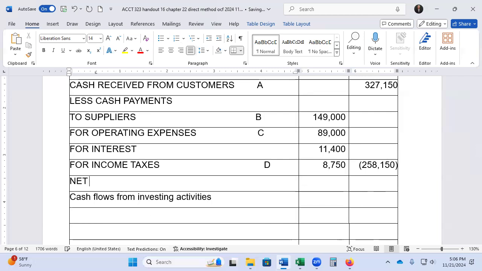And so net cash provided by operating activities is the difference between the 327 and the 258, or 69,000.